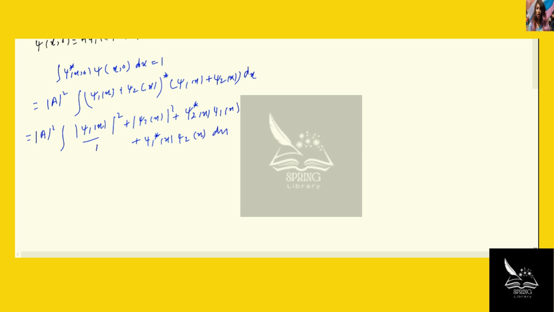So this first one is equal to 1, and this is again equal to 1. These two wave functions are orthogonal, so that's why the cross terms are equal to 0.